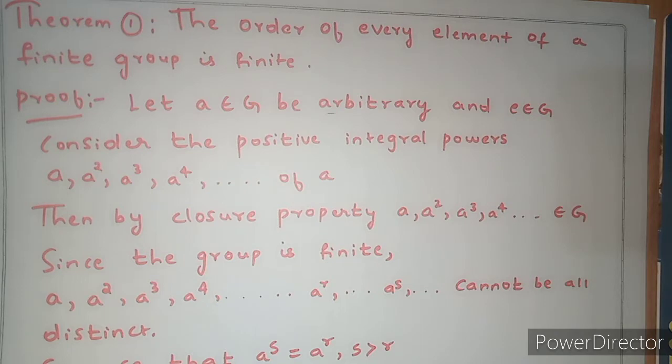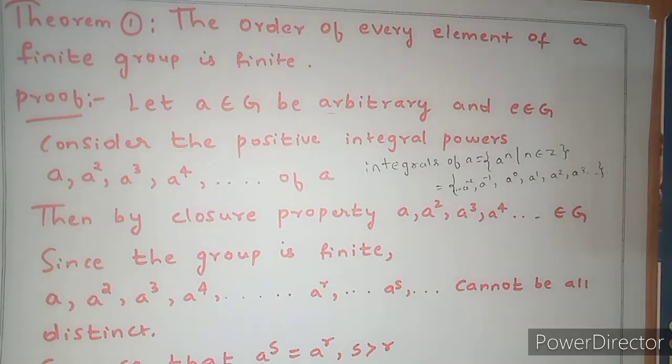Consider the positive integral powers. Here integral powers means integral powers of a equals a^n such that n belongs to Z. So here we have to choose n from integers. And what are integers? Positive as well as negative numbers are called integers.